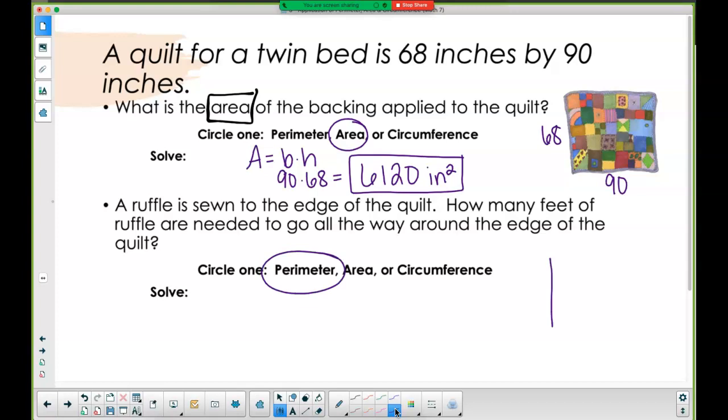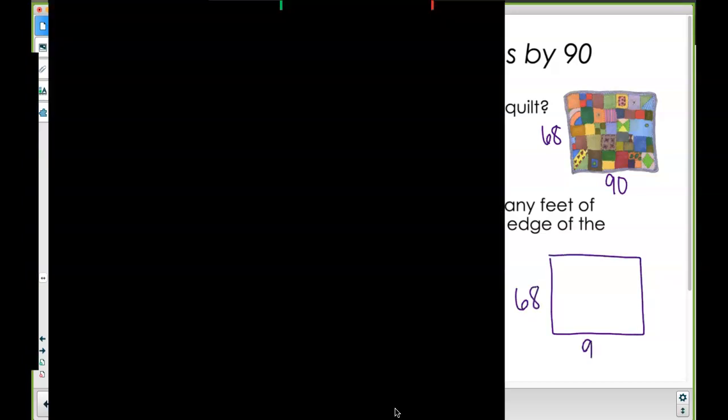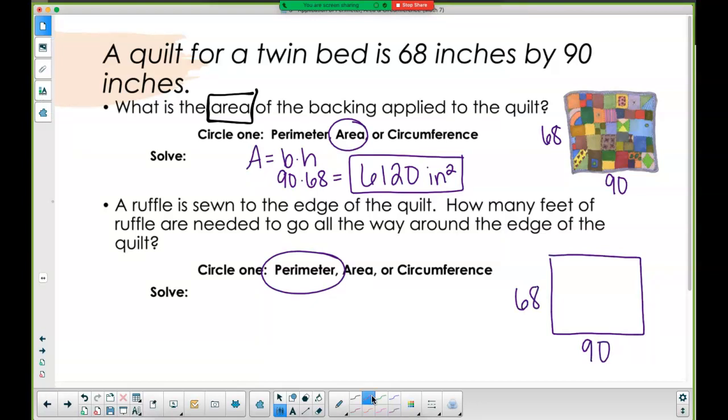So we have this quilt that's 68 by 90, and we're going to put a ruffle along this edge, and this edge. So what am I going to do to figure out how much ruffle we need? Go ahead, Brandon. Add the sides together, right? So we have to do 68 plus 90.